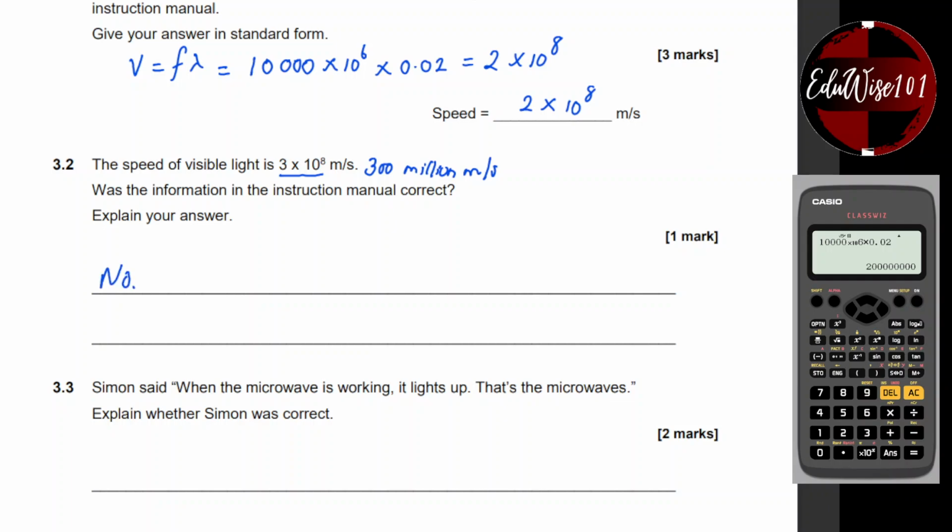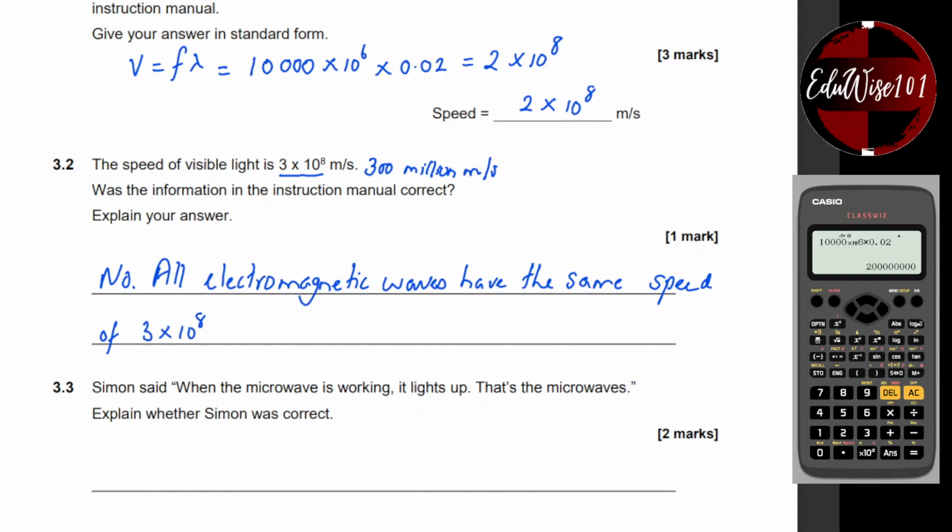Explain your answer. All electromagnetic waves have the same speed of 3 times 10 to the power 8 meters per second.